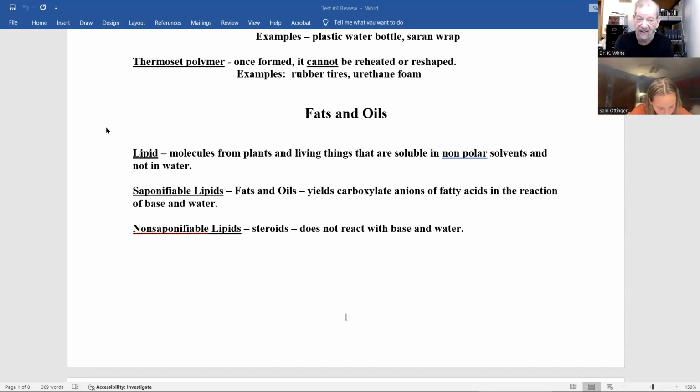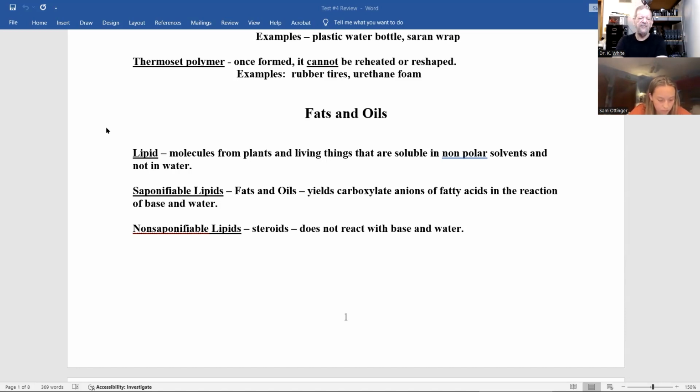When we're talking about an ester, you learned about saponification of esters. And a saponifiable lipid yields carboxylate anions of fatty acids in the reaction of base with water. And they're called fats and oils.